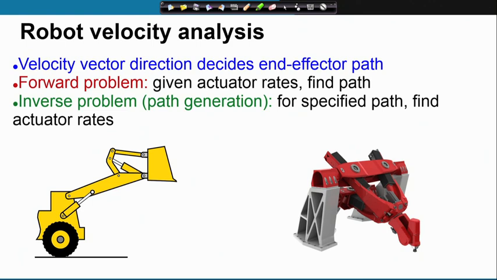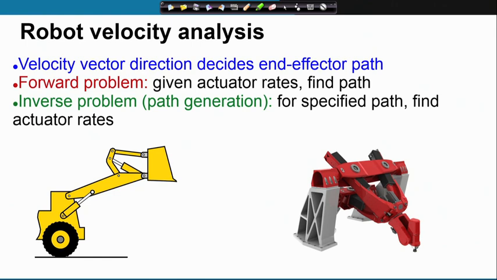What is very important in the case of robot manipulators is this inverse problem, because given an end effector path, it tells us how to move the joints so that the path is generated.